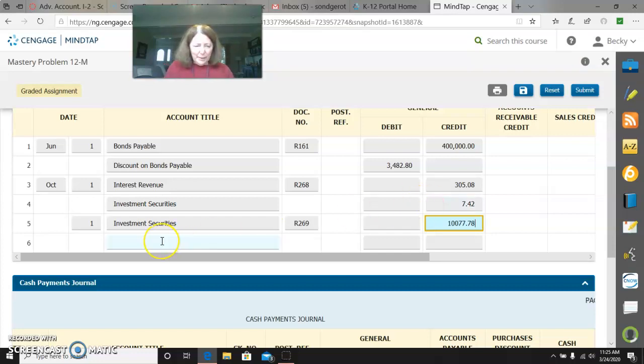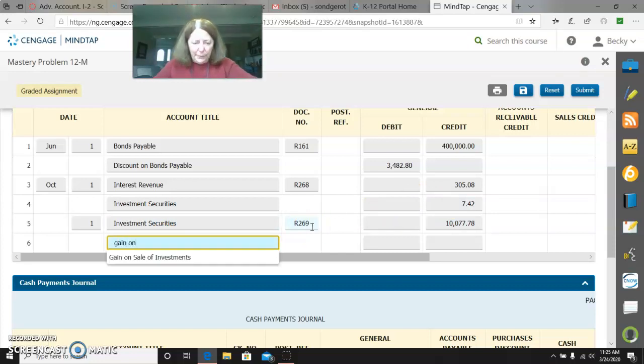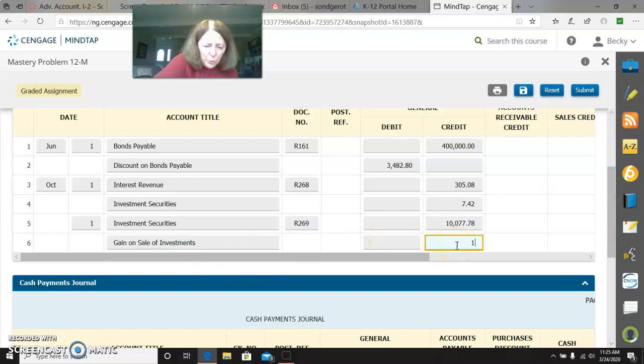And then we need our debits to equal credits, so we have a gain on sale of investments, and it's $172.22.